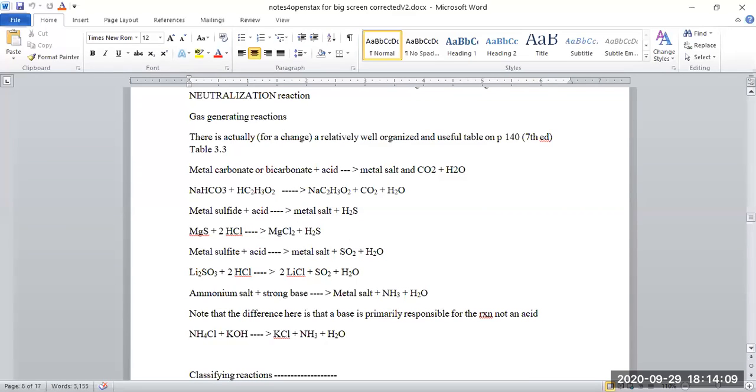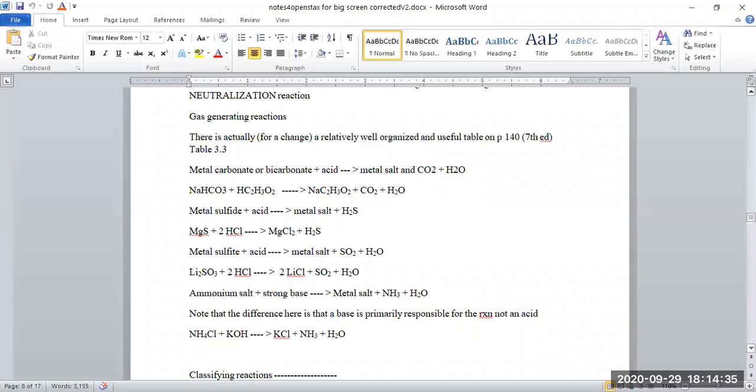What if you wanted to make H2S? H2S is hydrogen sulfide, the stinky rotten egg smell. If you want to make that as a gas, you need a metal sulfide. No O's in there. You're adding an acid to it. You get H2S, but then you also get leftovers.